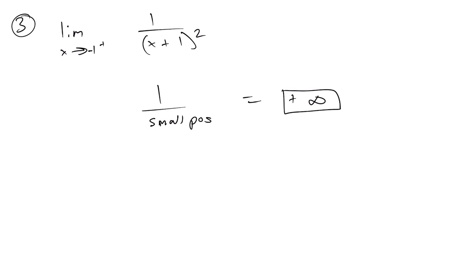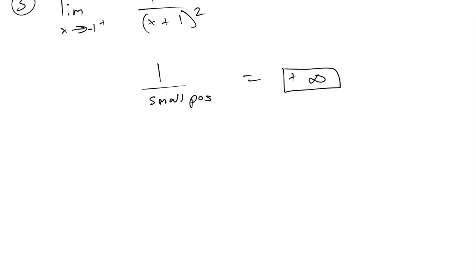And for example 4, we'll change it up just a little bit. Let's say that we have the limit as x approaches 0 from the left of 2 over x cubed. So here, the x cubed keeps the original sign of x.